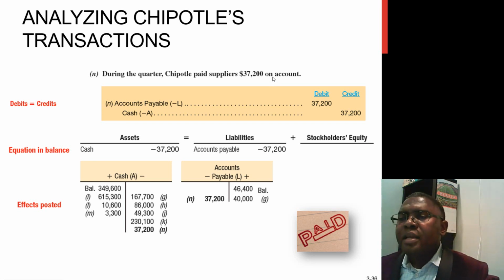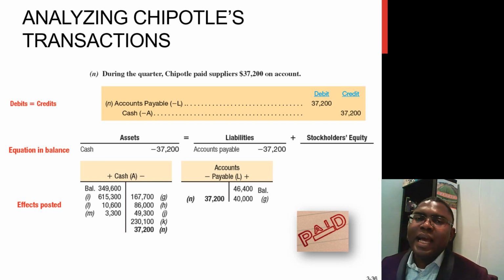They are paying something that they had on account. In other words, Chipotle had taken supplies on account, and they are now paying for those supplies. Which implies when they took supplies on account, they had a payable, which was a liability. Now they are using cash to pay down their liability.